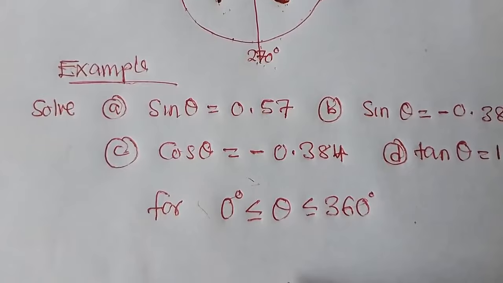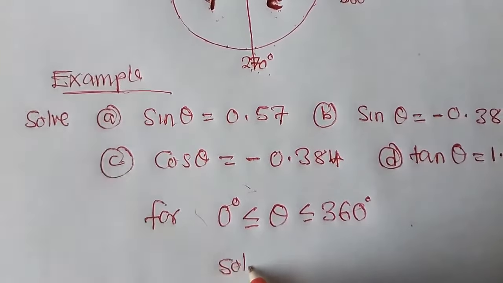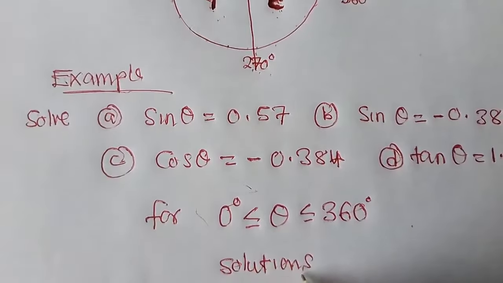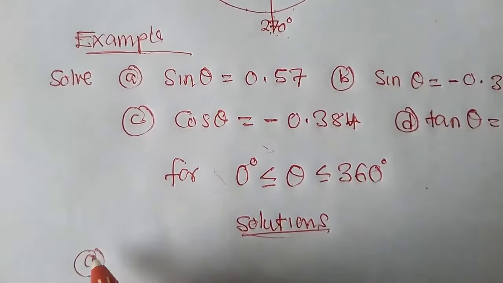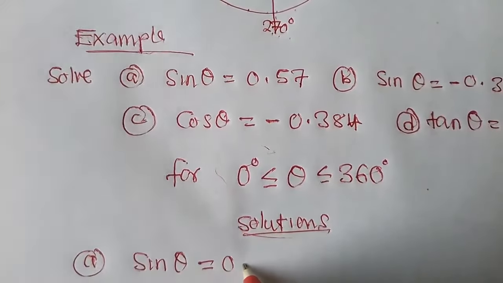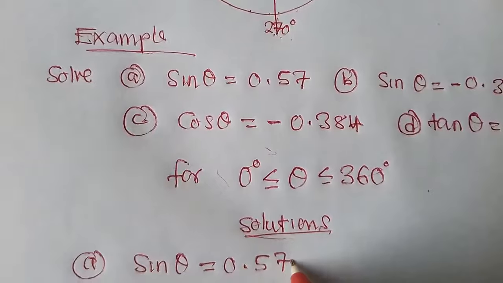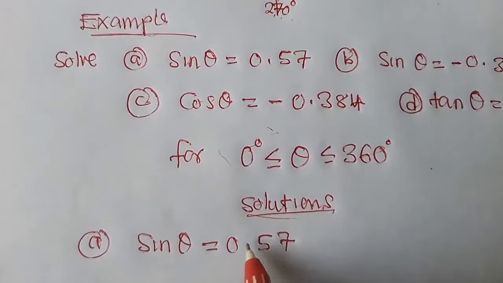So I get the first equation that I'm given, and I'm going to find the solutions. The first equation is A, sine theta is equal to 0.57. So you ask yourself, I'm given sine, and sine theta is positive.